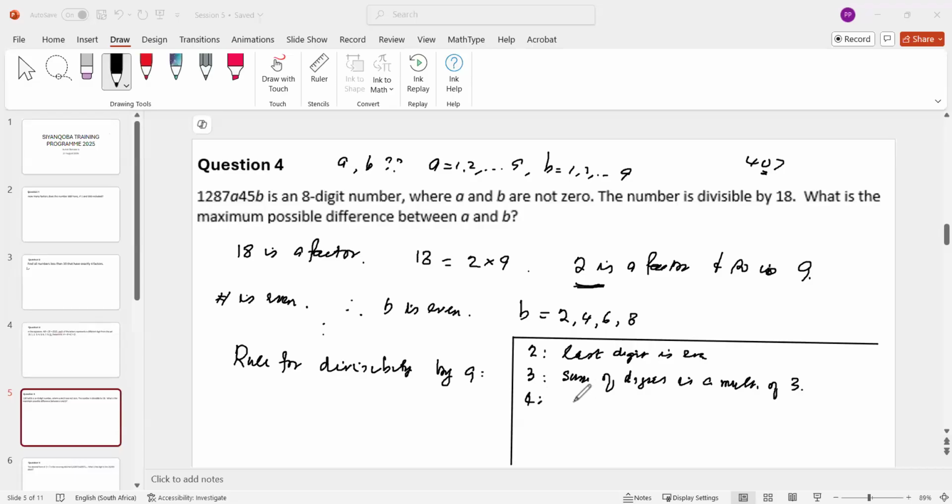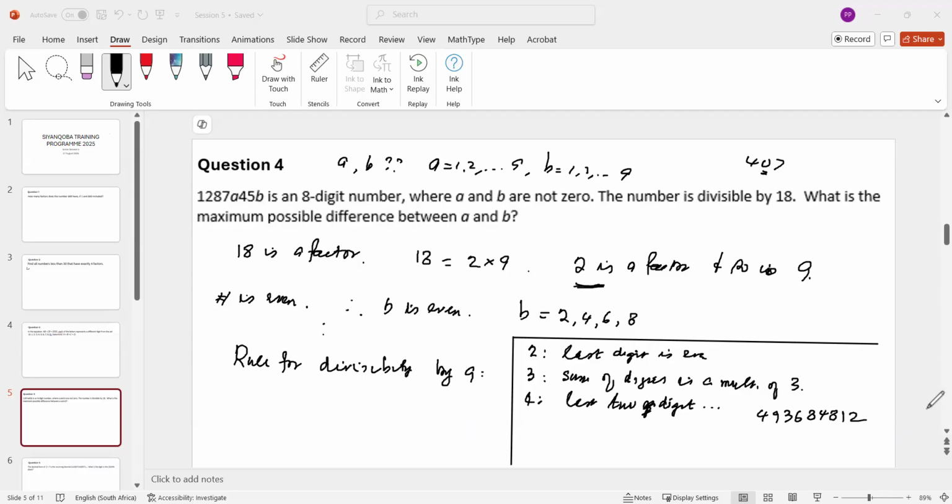Divisibility by 4: you look at the last 2 digits and see whether they are divisible by 4. When I say last 2 digits, I mean the 2-digit number at the end is divisible by 4. Like for instance, 493684812.